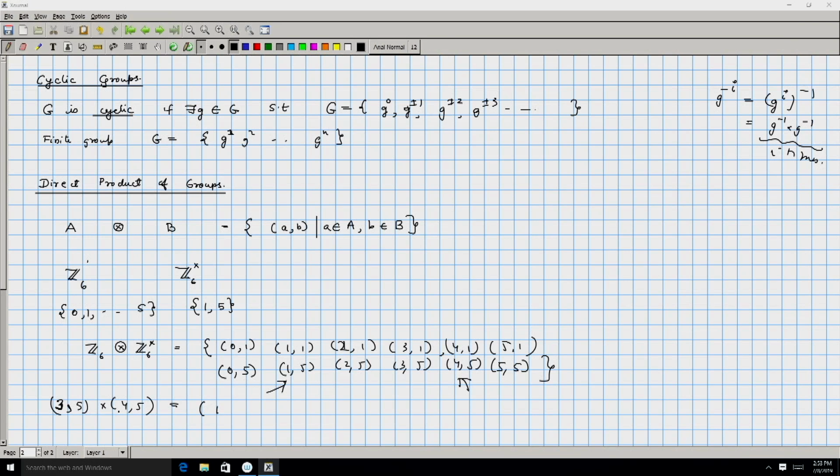The operation was addition, but we have to do it mod 6 and therefore, we will get 1. And 5 and 5 will combine to give 5 times 5 is 25, but mod 6, that is going to be 1. So, that gives you (1,1). The identity of this particular group will in fact be (0,1).